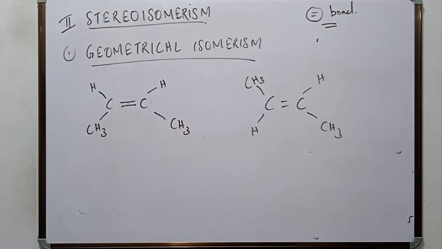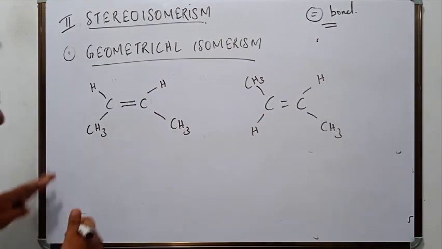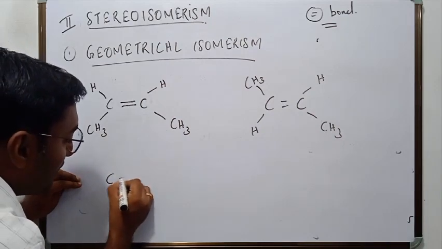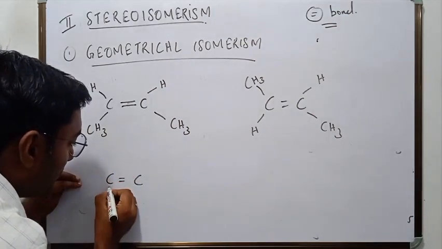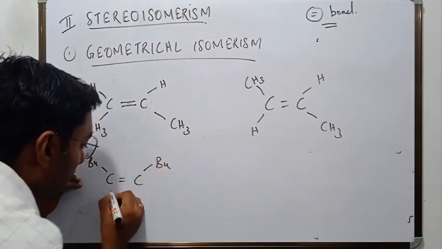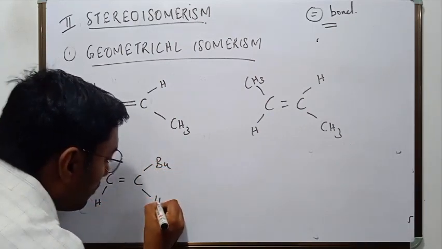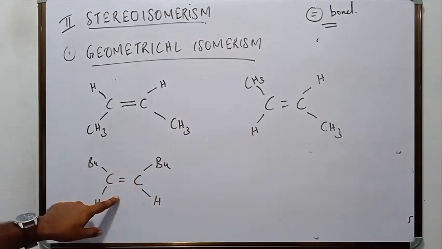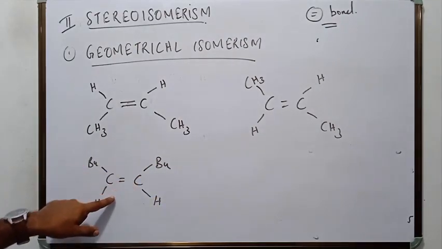We can also take the example of 1,2-dibromoethene. This is cis dibromoethene.